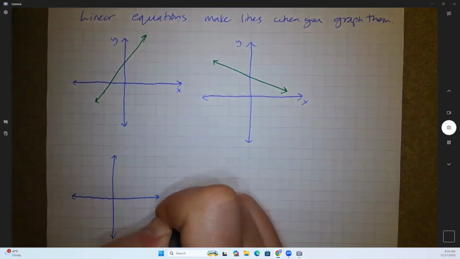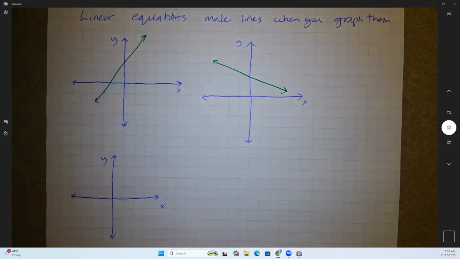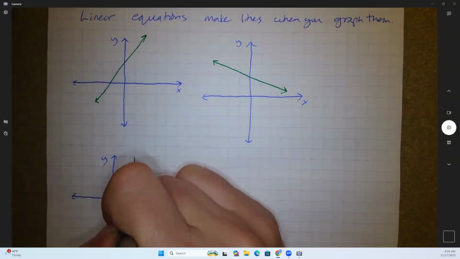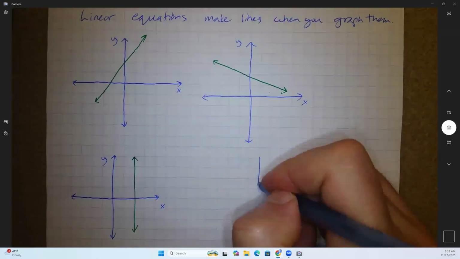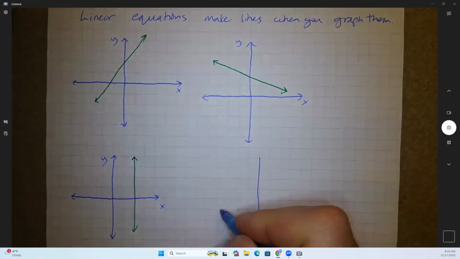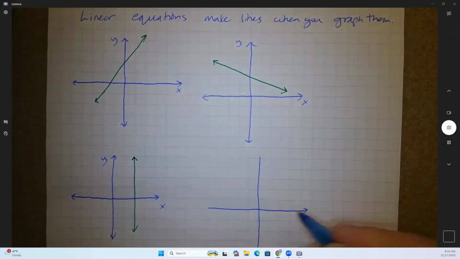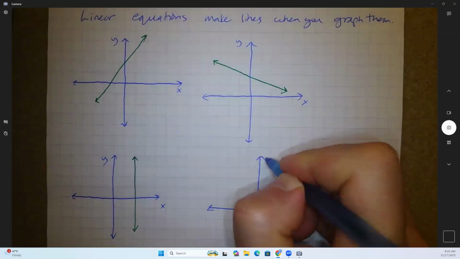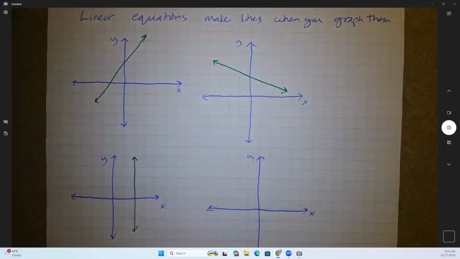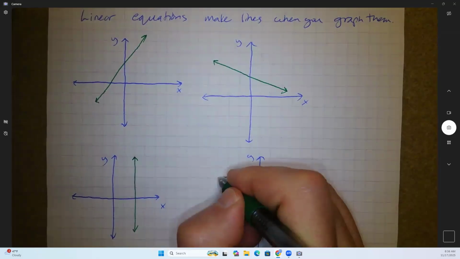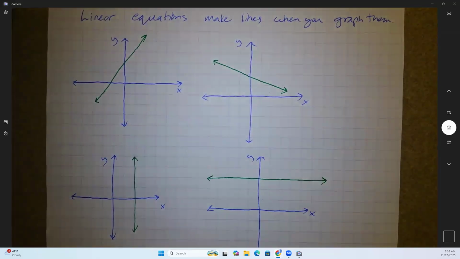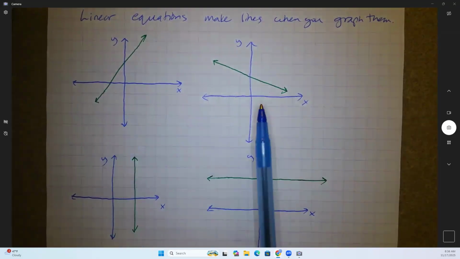A linear equation could give you a completely vertical line straight up and down. Or it could give you a completely horizontal line. Totally flat. These are basically the four possibilities. You can go up and to the right, down and to the right, totally vertical, or totally flat.